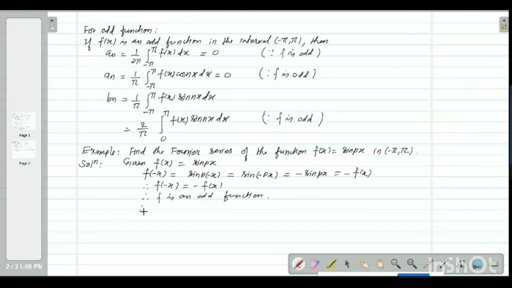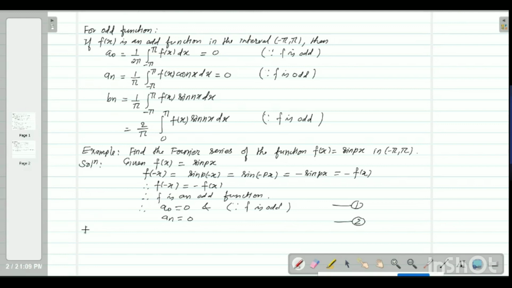Therefore a naught equals 0 and an equals 0, since f is an odd function. Name this equation number 1 and this is 2.